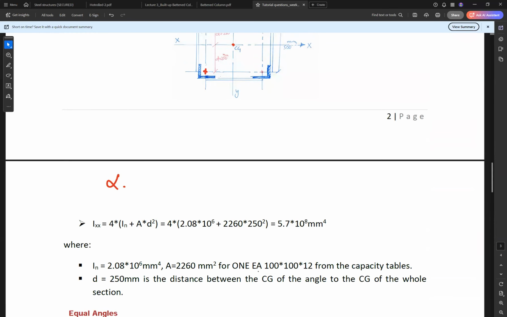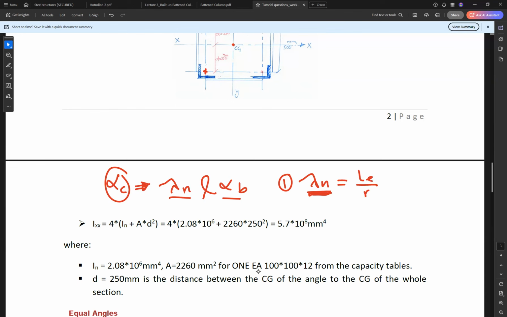To find alpha c, we need to know lambda n and alpha b for the whole section. Our first step now is to find lambda n, the modified slenderness ratio, which equals L effective divided by r, multiplied by root of kf, multiplied by root of f yield divided by 250.